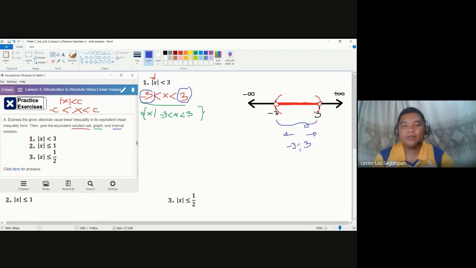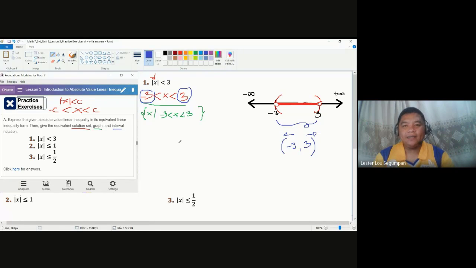But since -3 and 3 are not included, and looking at the graph, we have used parentheses, those are the hints that these are also parentheses. So this is now an interval notation saying that all values between -3 and 3 are part of the solutions. When we say between, it doesn't include -3 nor 3.